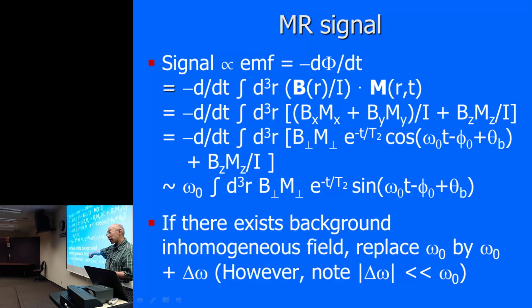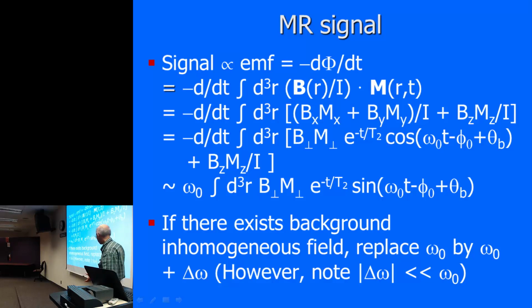And that delta omega, in fact, can be a function of space. Because remember, you still have to integrate this whole thing over the entire sample. So you have to worry about this even if you do just simple NMR experiments.